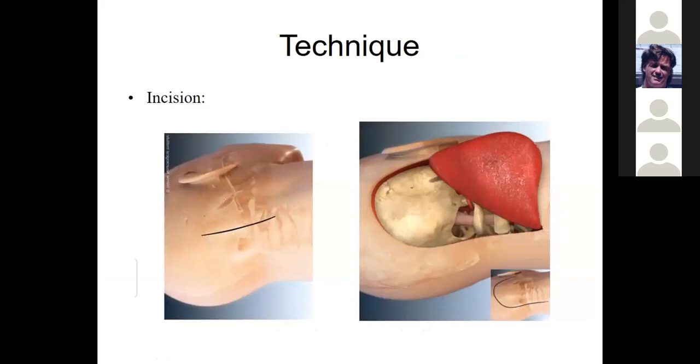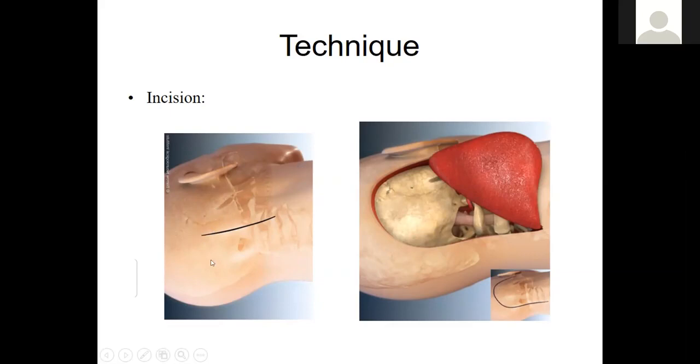In this approach, most often it is the park bench position that's used to perform the approach. During the approach, an incision is performed beginning at the level of the external auditory meatus and ending at the level of the C2 vertebra, making sure to be posterior to the dorsal margin of the sternocleidomastoid muscle here. So with this incision, we have a certain view of the posterolateral part of the occipital bone, but dissection of the muscle tissue is sometimes a little bit difficult.